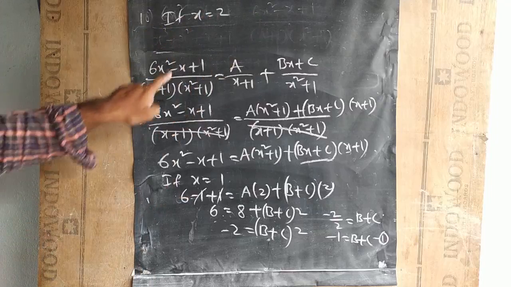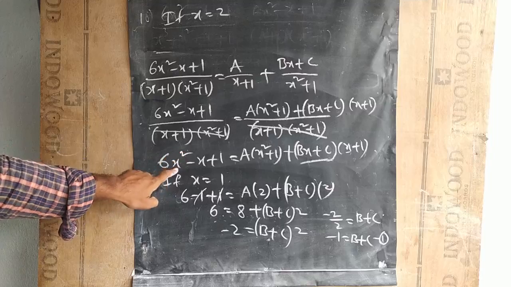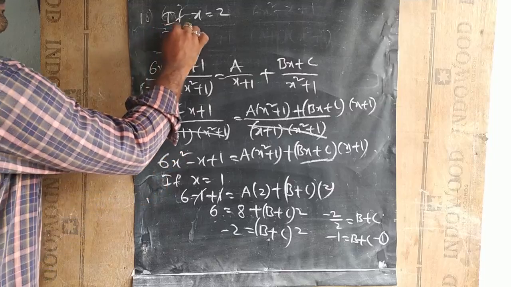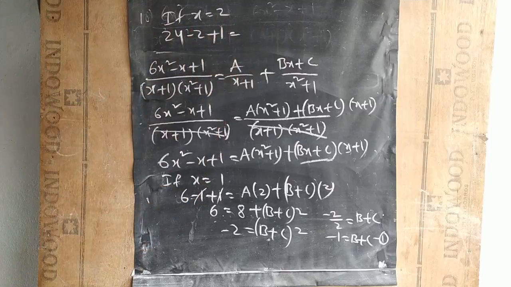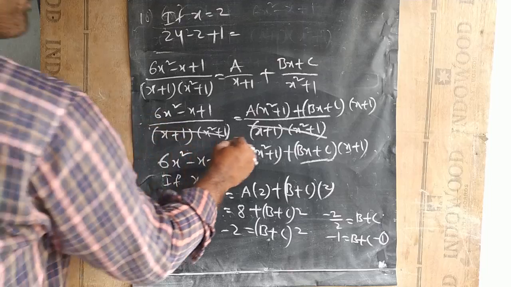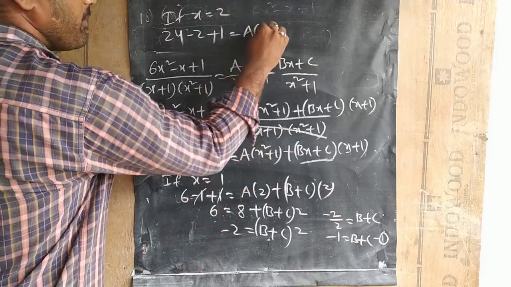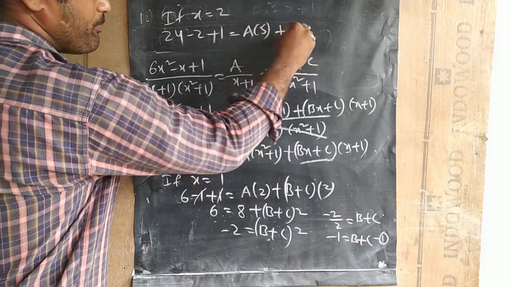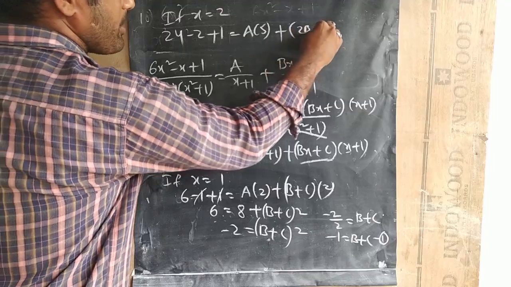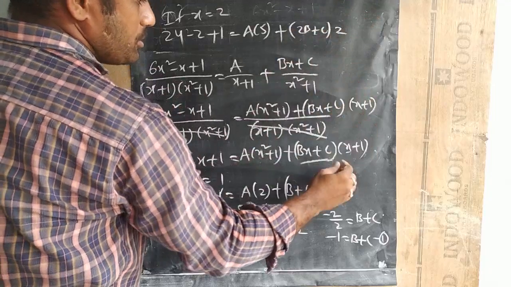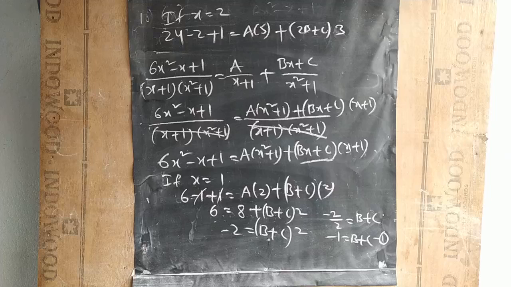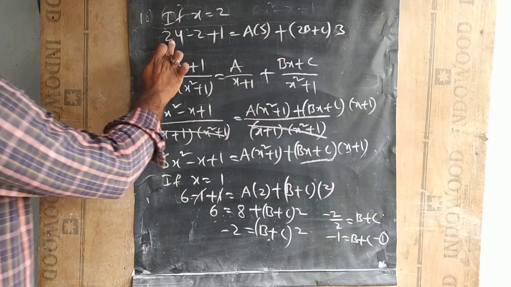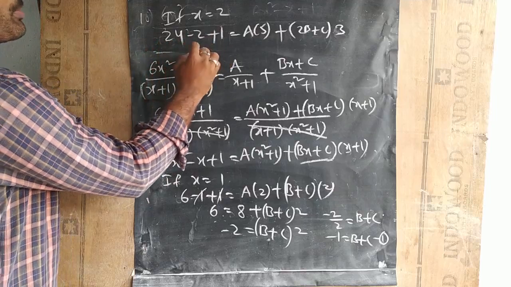If I substitute 2, 6 into 2 squared is 4, 4 sixes are 24, minus 2 plus 1 equals A, 2 squared is 4, 4 plus 1 is 5, A into 5 plus (2B plus C) into (2 plus 1 is 3). So 24 minus 2 will be 22, 22 plus 1 is 23.